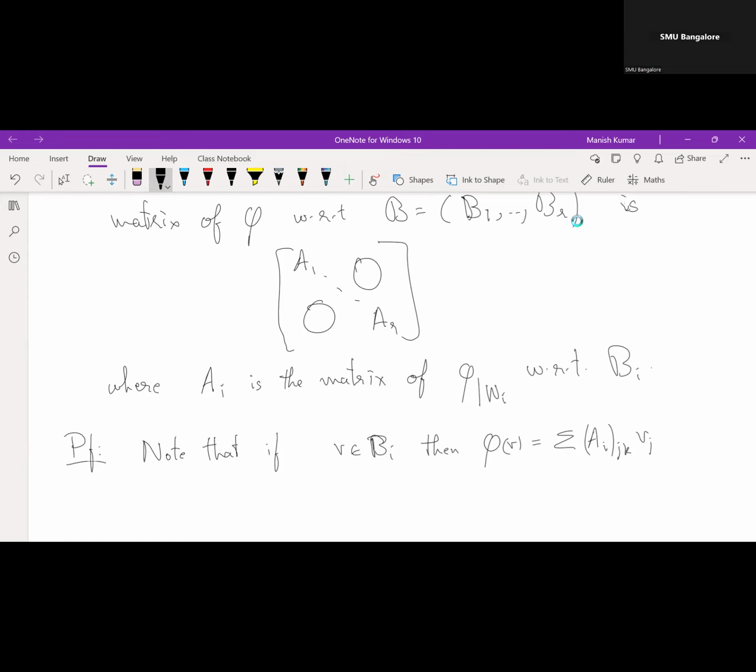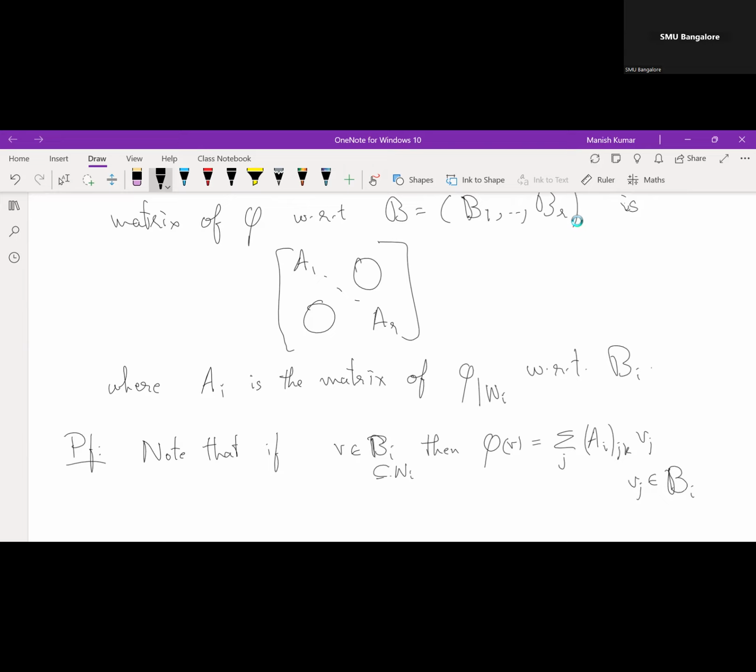Let me not introduce more notation and write it this way. Because v belongs to BI, it is contained in WI, so phi of v is again in WI, so you can write it using the vectors which are elements of BI.